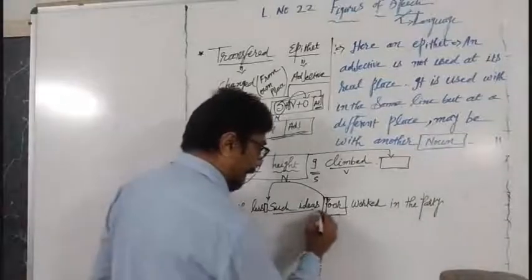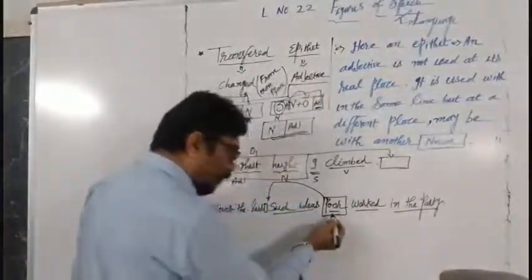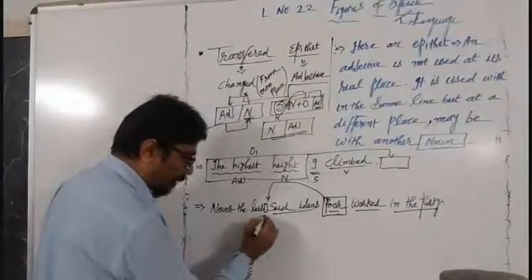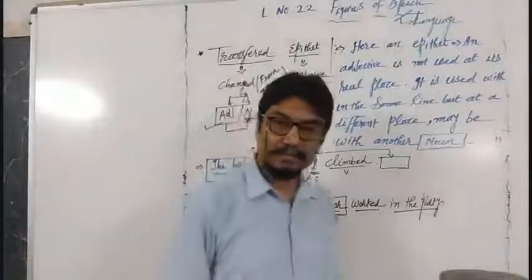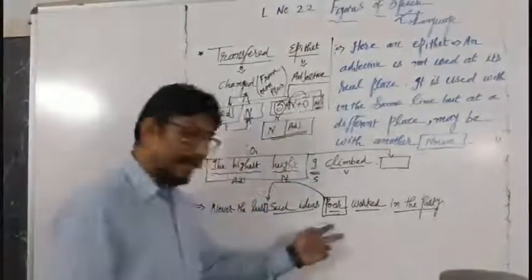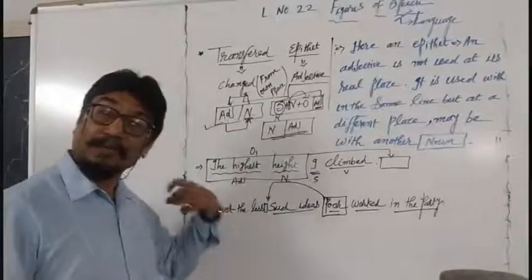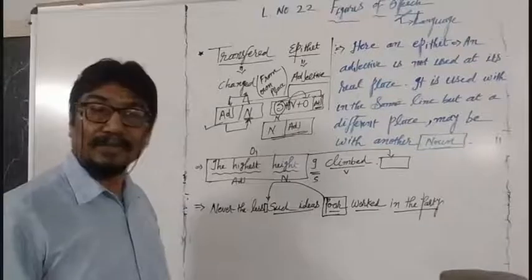Nevertheless, such poor ideas worked in the group. Actually, poor should not be used here, poor should be used here: nevertheless, such poor ideas worked in the party. But I have not used it that way. I have used it after this. What have I done? I have changed the place of the object.